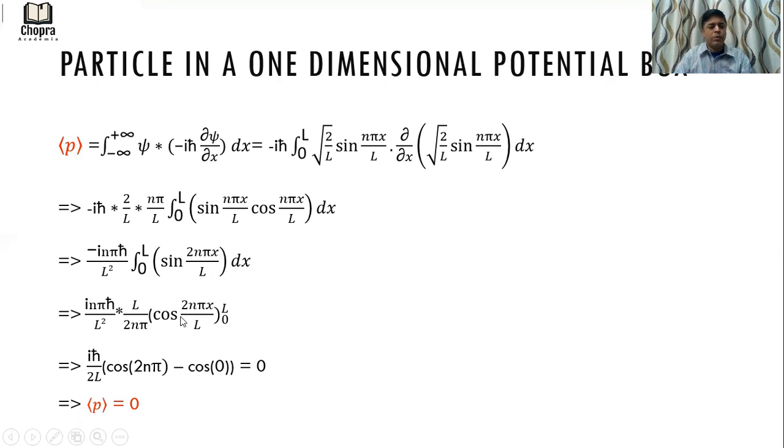And then we have cos of 2 n pi x by L limits from 0 to L, which turns out to be some constant times cos of 2 n pi minus cos 0, which means 1 minus 1, which is equal to 0. So that means the expectation value of the momentum is equal to 0.